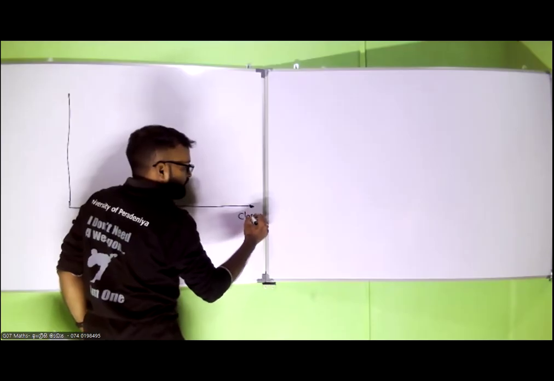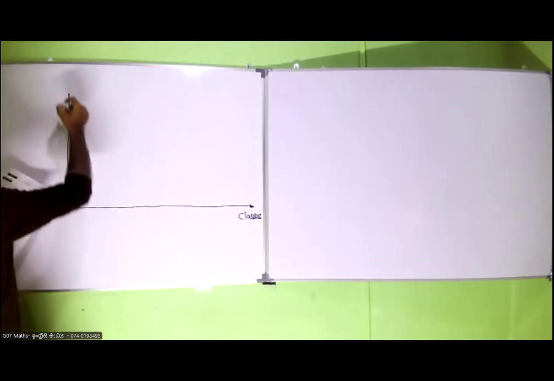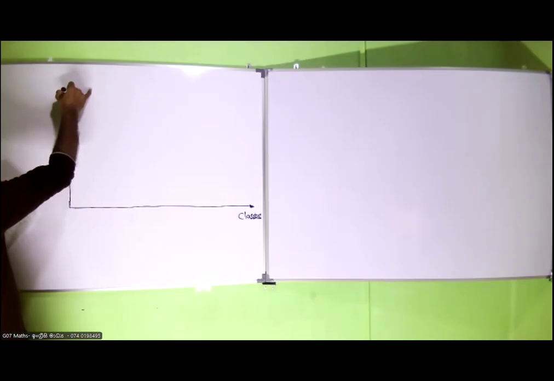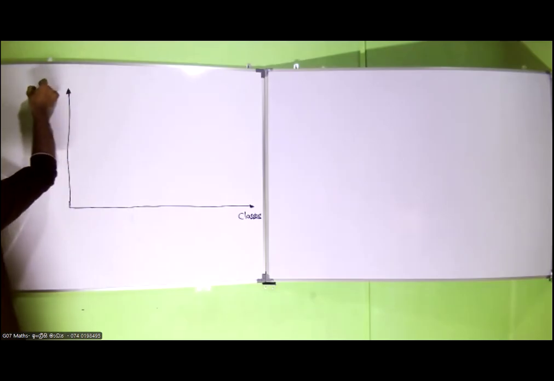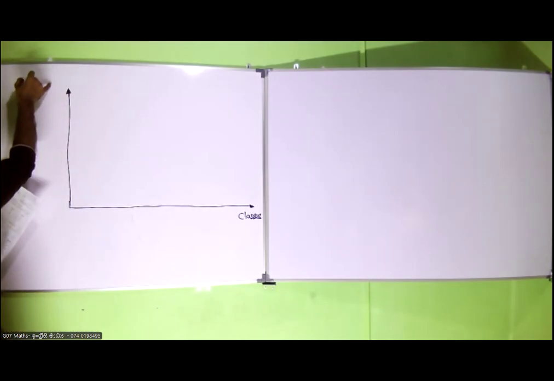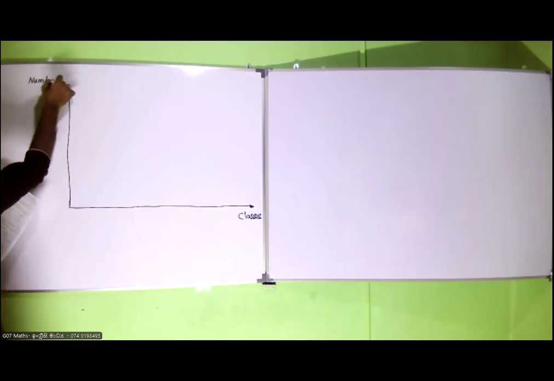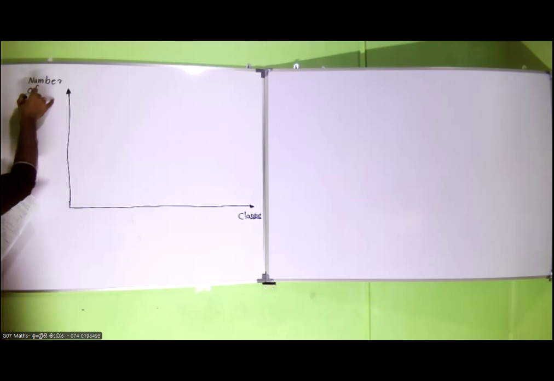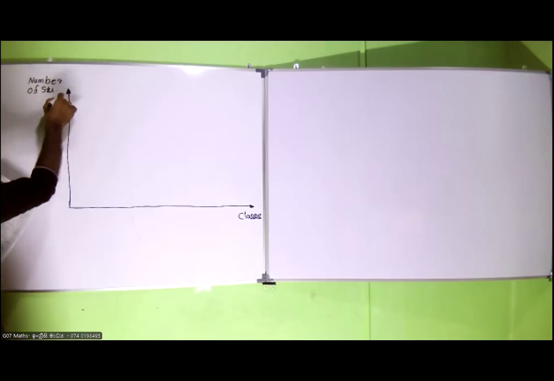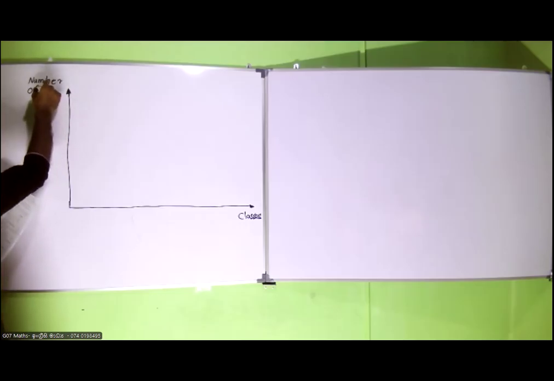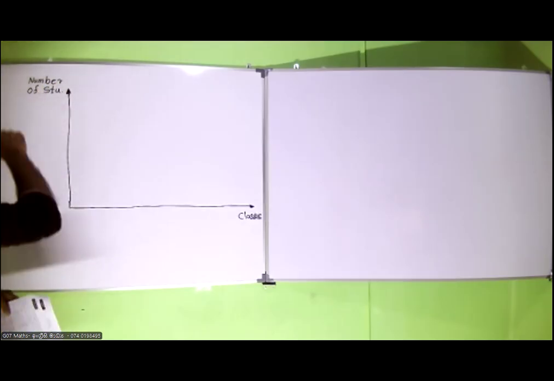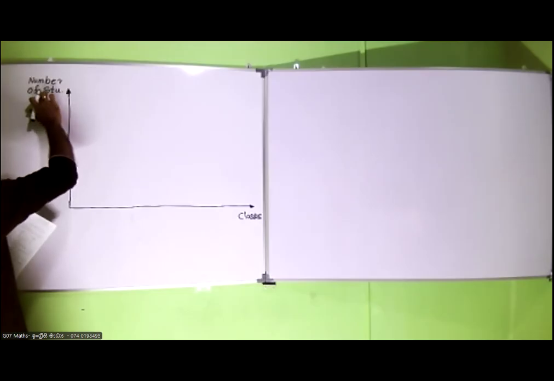And here we have the attendance, the number of students, or you can say attendance. Number of students. I will write STU only. If you want, you can write the full word as students.